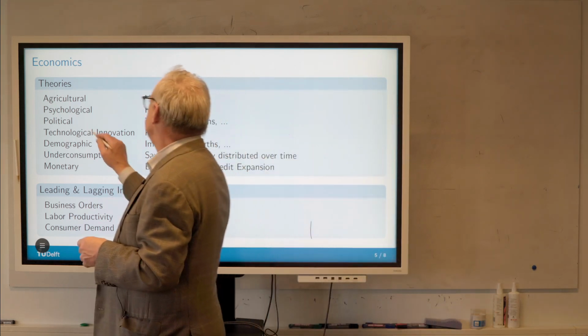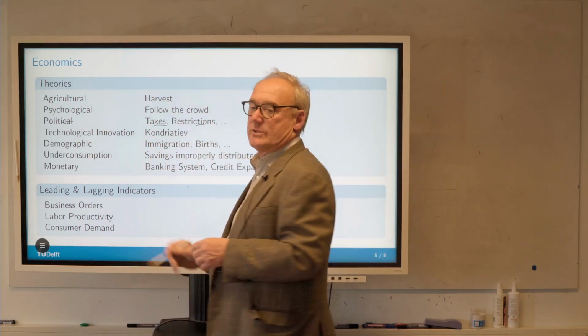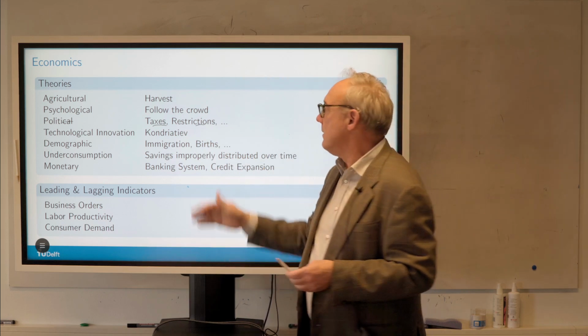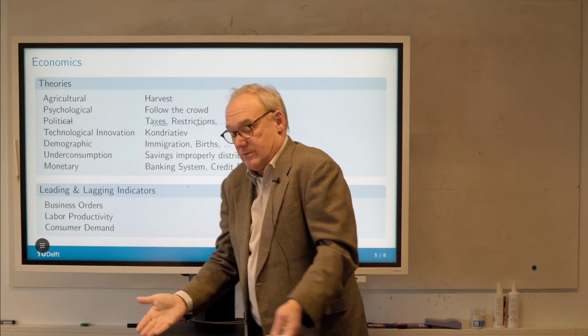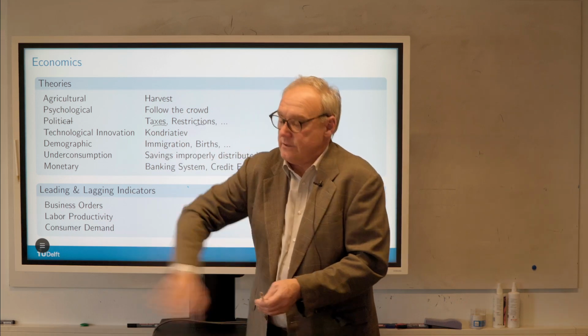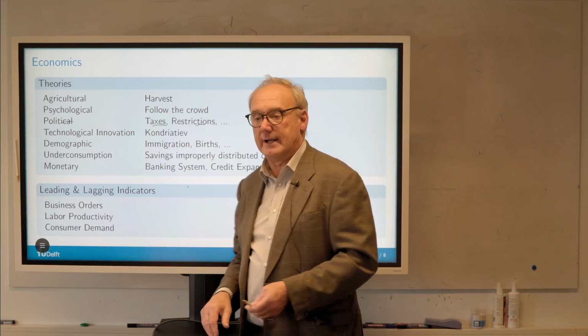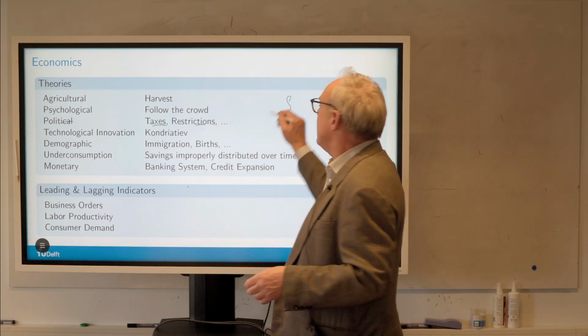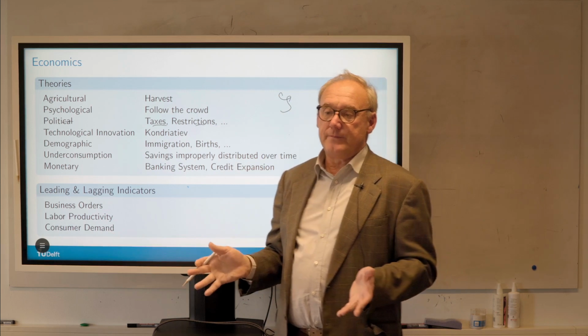Political. So taxes, restrictions, so they increase taxes or there are input restrictions. So what is that? Well, what kind of tax, maybe it's a resistor, right? You just get some stuff out of there, right? So you change the resistance. So you're going to change this zeta, your damping factor.